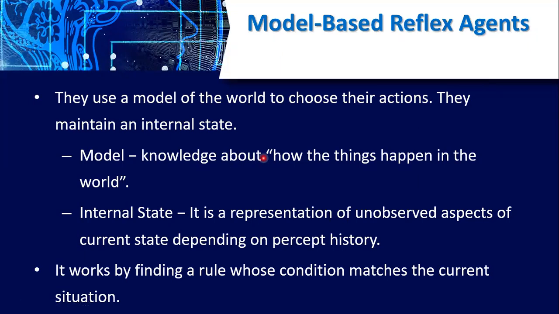The model holds the knowledge about how things happen in the world, and there is a state inside the model, the internal state. It is a representation of unobserved aspects of the current state.